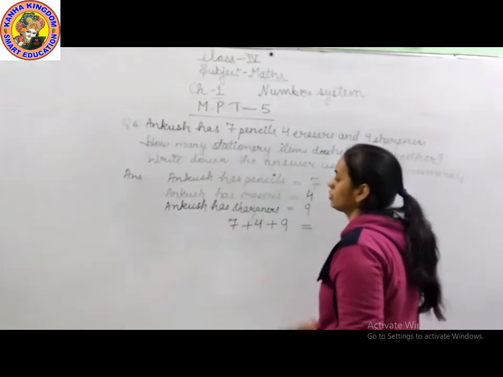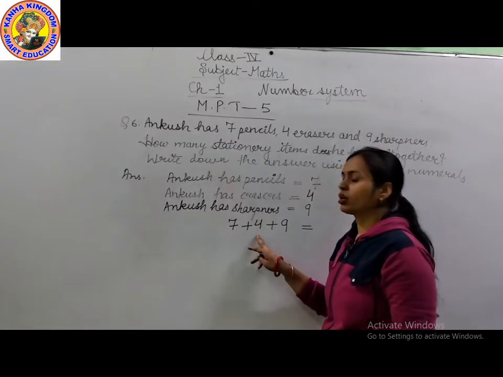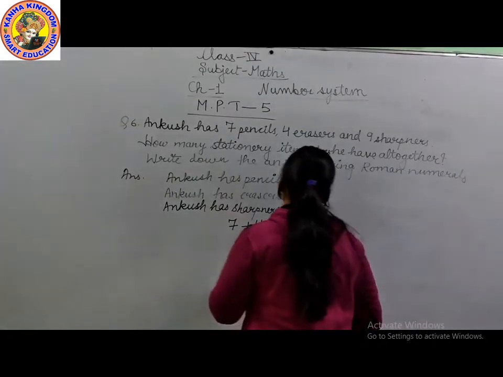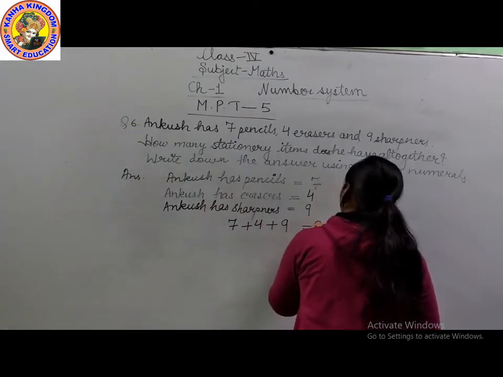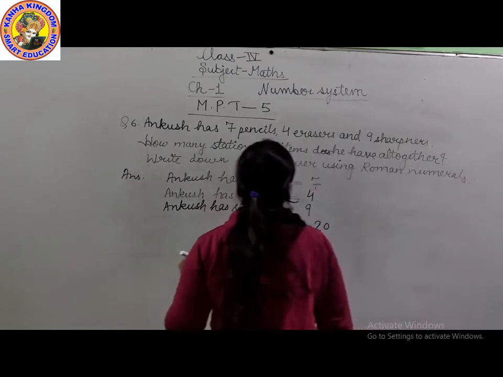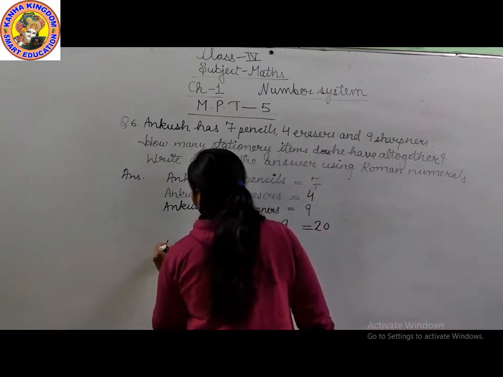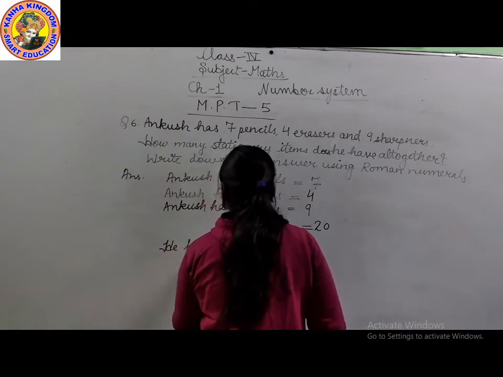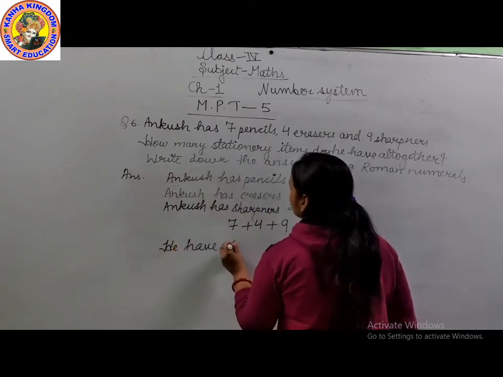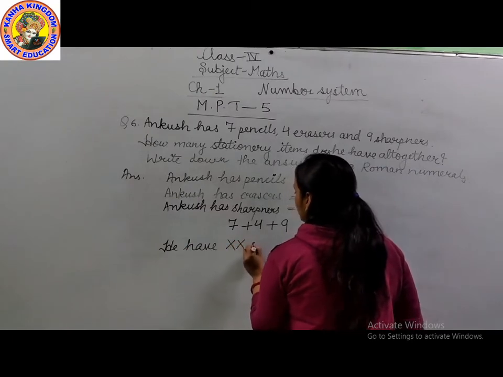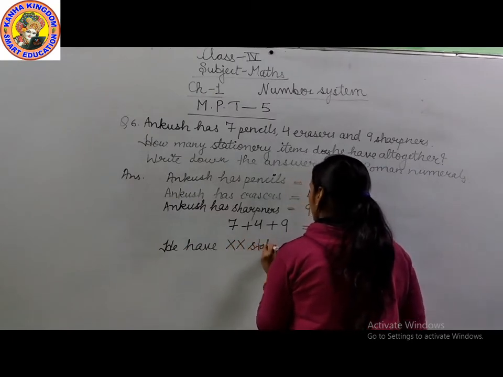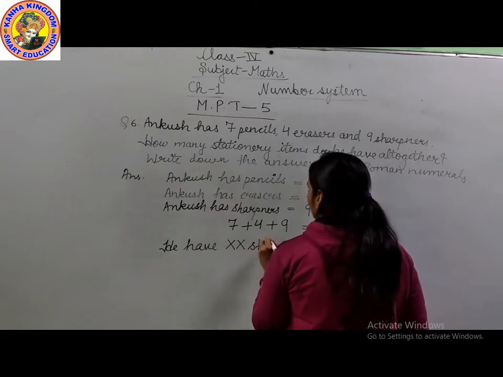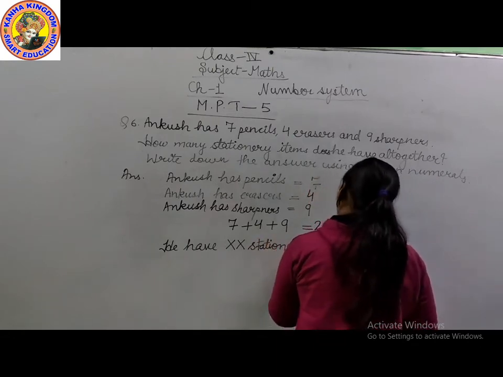So 7 plus 4 equals to 11. 11 plus 9 equals to 20. So he has 20 stationery items.